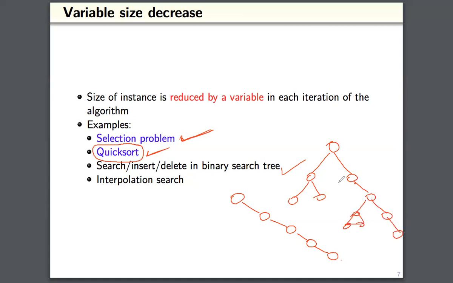At some step, it can decrease by probably half. In some steps, it is decreasing by just 1, right? Anything can happen at every step. In a binary search tree, you cannot guarantee that the height is log n, so that is a good example of a variable size decrease. Okay, next, interpolation search. You need not worry about this.